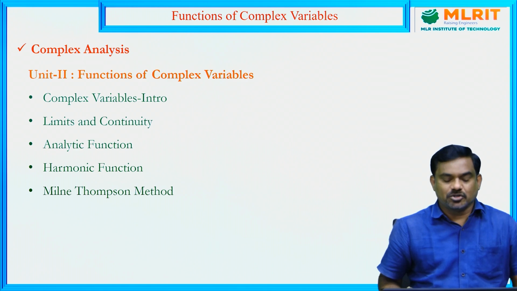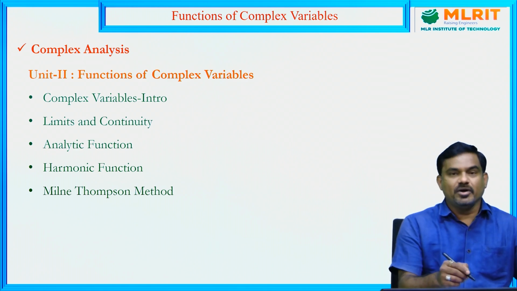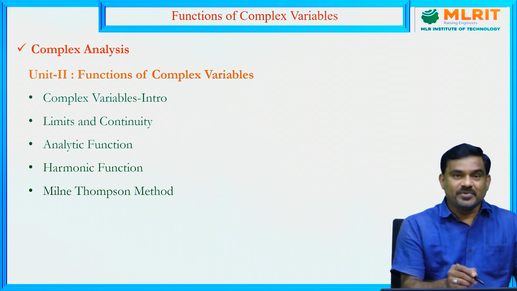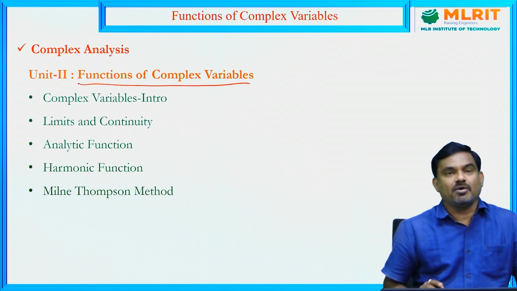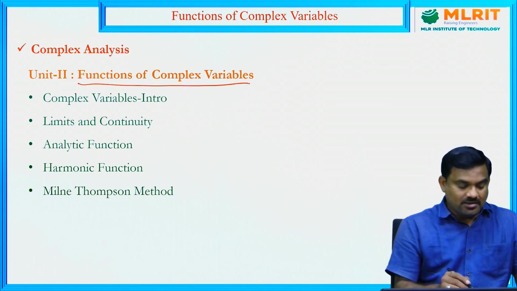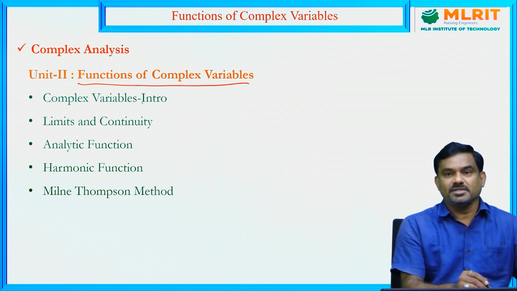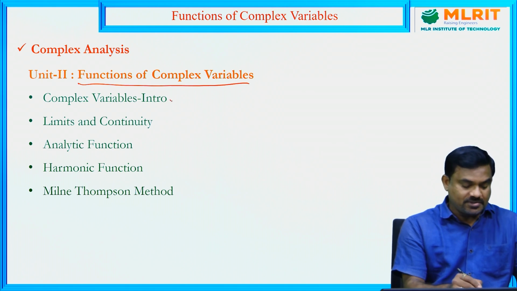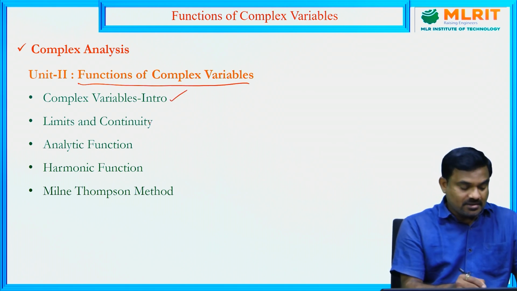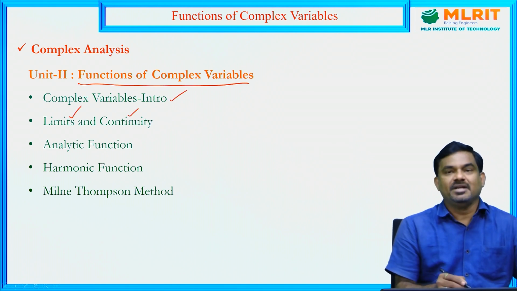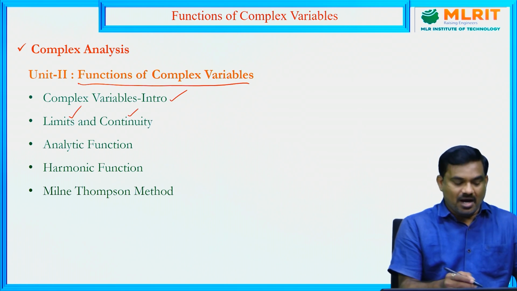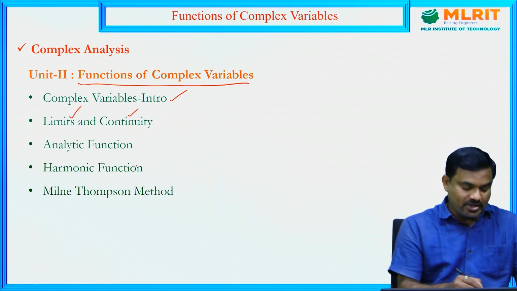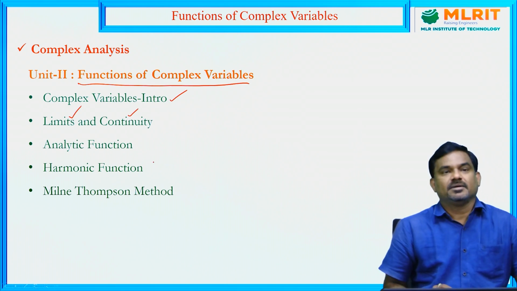Now, coming to the topics that we are going to discuss in Unit 2. Unit 2 is functions of complex variables. Here we deal with the introduction to complex variables, then limit and continuity, the limit of a complex function, analytic function, harmonic function, and the Milne-Thomson method.